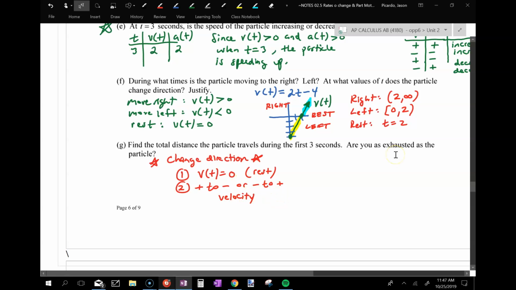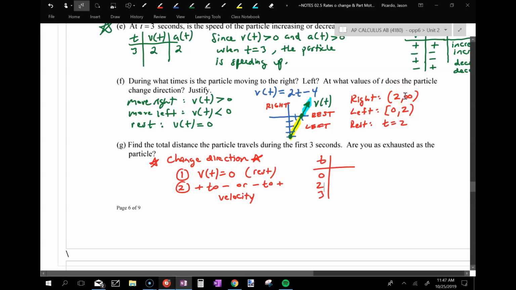All right, so what I want to do now is find the total distance traveled, right? So I know that I want to figure it out from 0 to 3, but I also know that I changed direction, and that happened at what? Time 2, didn't it? How do I know it happened at time 2? Because that's when the velocity was 0. Before 2, it was moving left.